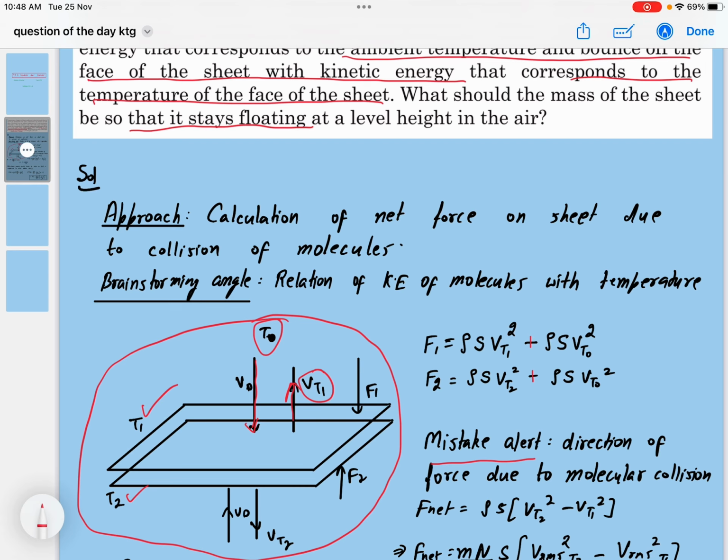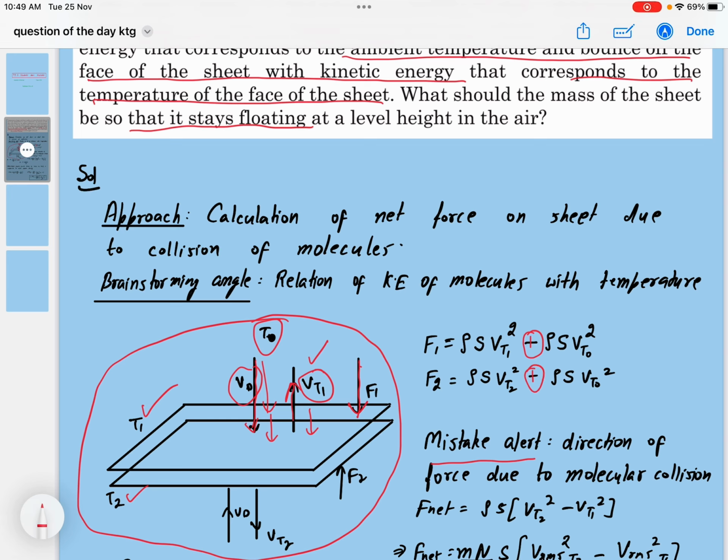If net force F1 is acting by the molecules striking the upper surface, then when the molecules bounce off, they exert force in the downward direction. When they strike, they also exert force in the downward direction. That is our mistake alert. But no problem, even if you take negative, your answer will be correct.